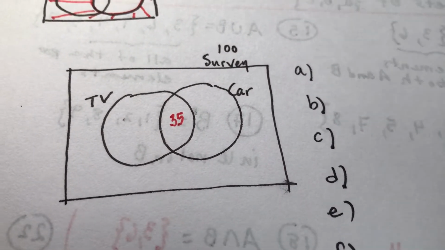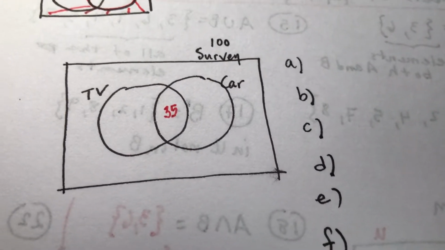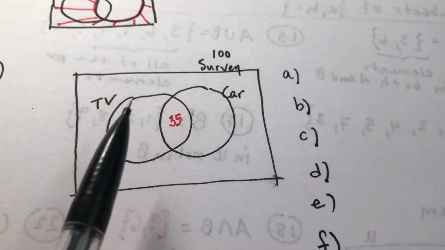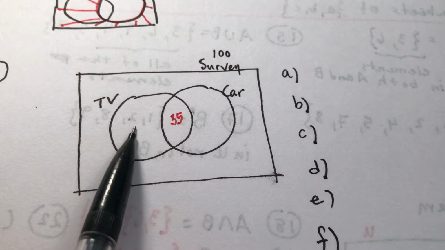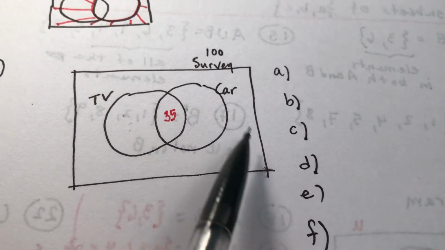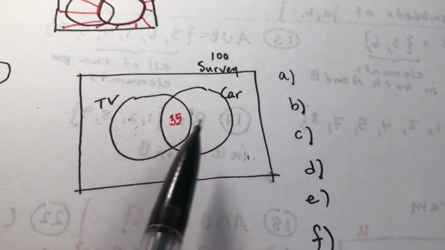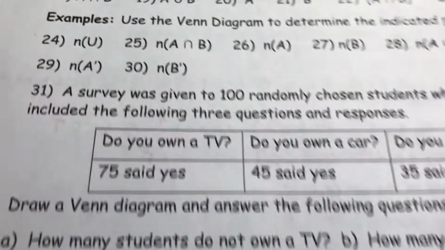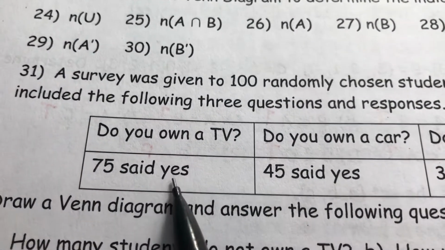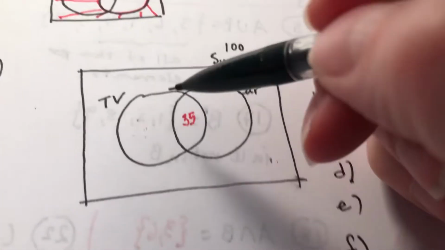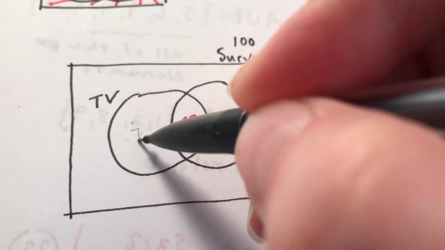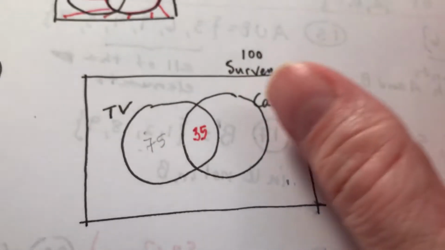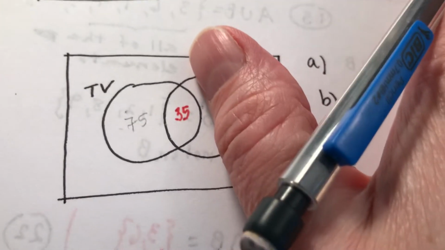All right, now let's take a look at what we know about TVs. You fill in this part, then that part, and then outside of those 2 circles. Do you own a TV? 75 said yes. The temptation is to just put a 75 in here, but you're forgetting that you already have 35 in there.